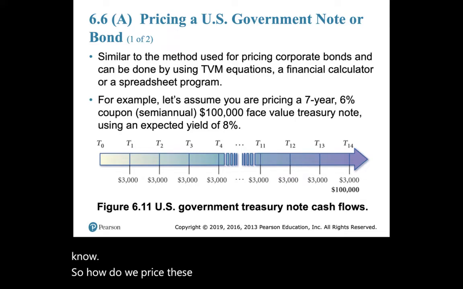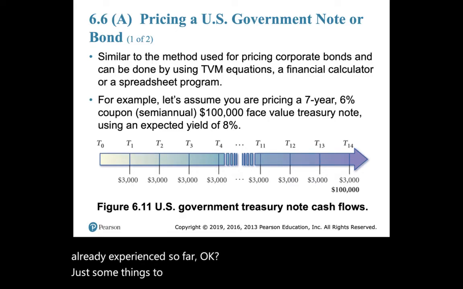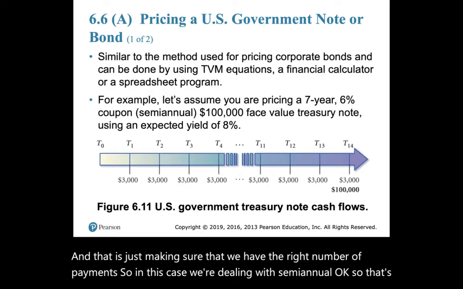Okay, well, very similar to what we've already experienced so far. Just some things to always remind ourselves, and that is just making sure that we have the right number of payments. So in this case, we're dealing with semi-annual. Okay, and that's why it's so helpful to write out a timeline.